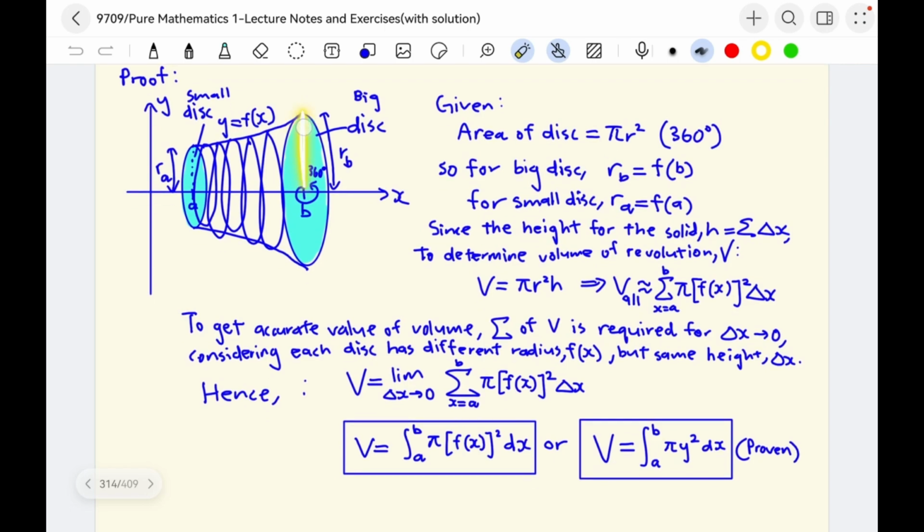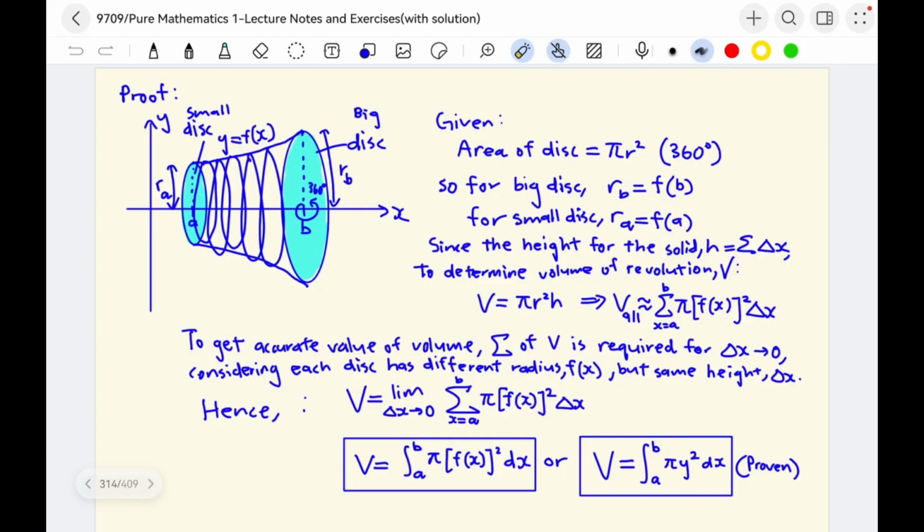So now we have the area of the disk already. And then that is the height for the solid, which is the sum. Now, for the height of the solid, we combine from the bigger disk slowly to the smaller disk. So this is the small change of the width.